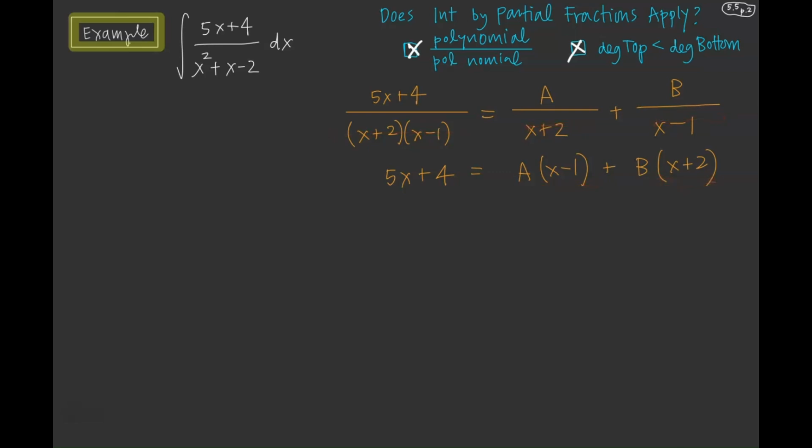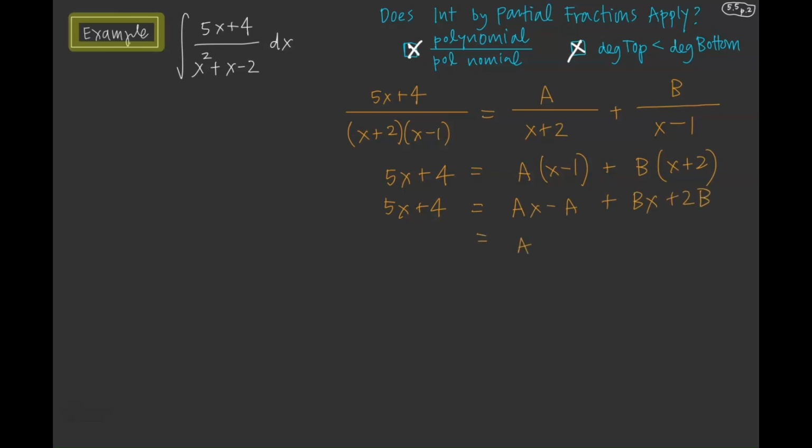Okay, and I'm going to spread everything out, and then basically I'm going to collect my x terms on the left and the right, and they'll have to be equal, and then I'm going to collect my constant terms on the left and on the right, and they will also have to be equal. So I have 5x plus 4 equals Ax minus A plus Bx plus 2B.